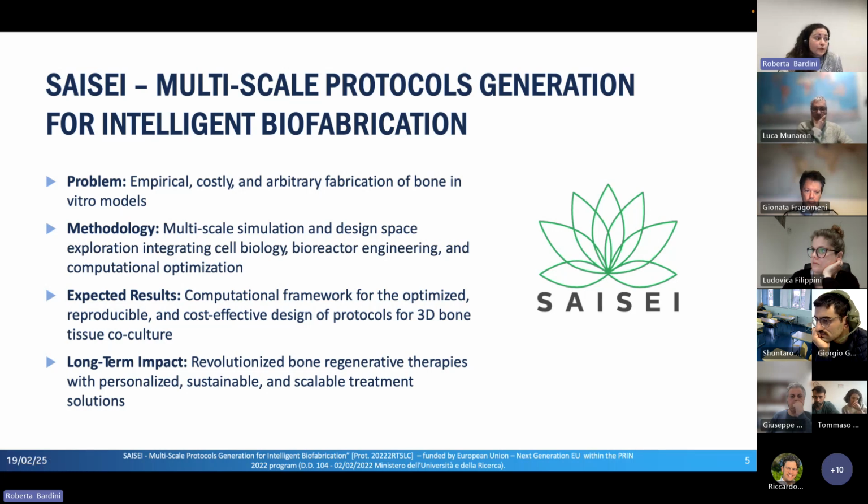The expected results for these projects are, first of all, a robust and scalable computational framework for the simulation and optimization of protocols, and the in silico and in vitro validation of the generated protocols.